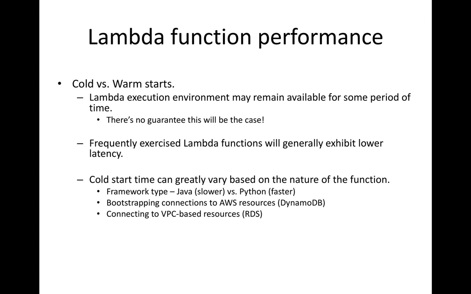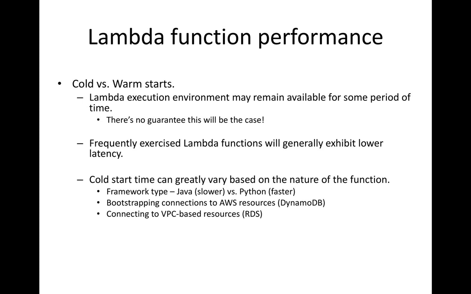These functions, their execution environments have been created, and because they're being triggered so often, the Lambda function environment is just naturally kept warm. Versus a function which is only triggered maybe once an hour or a few times a day. Oftentimes, those Lambda function invocations are going to trigger a cold start, meaning AWS has to create a brand new execution environment for the container.